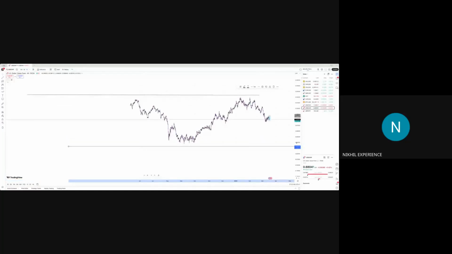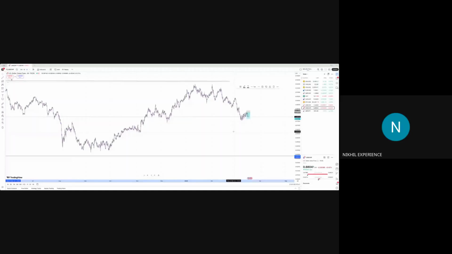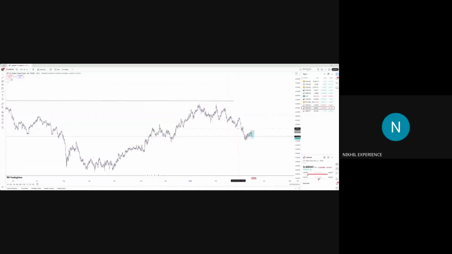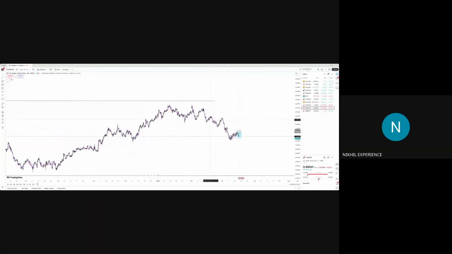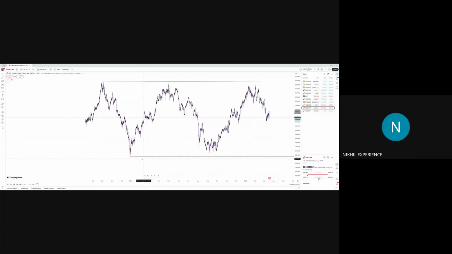Now, on the 4 hours time frame, we can see the current structure here. It is breaking structure to the downside, which means this pair is in a downtrend on the 4 hours. On the daily, after this swing high and swing low, every other thing was just consolidating, so we could not get the clear structure.